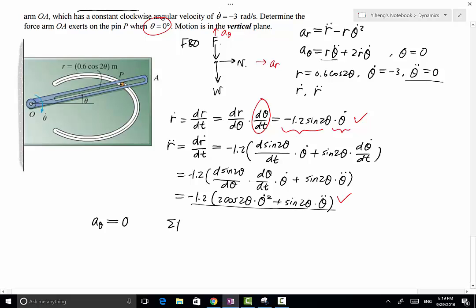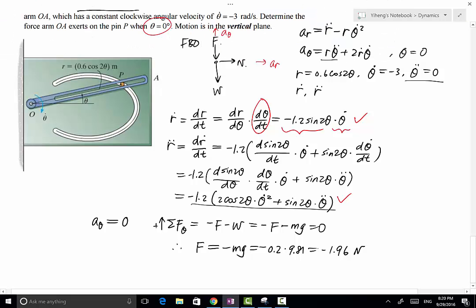The resultant force along the theta direction equals negative F minus W, which equals negative F minus mg, that equals 0. Therefore, you can solve for F from here, equals simply negative mg, which equals negative 0.2 kilogram times 9.81 meter per second squared, which is negative 1.96 Newton.